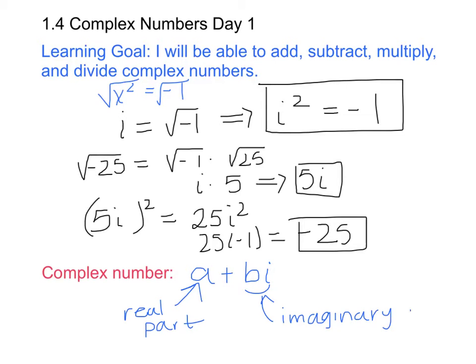So a complex number is made up of a real part and an imaginary part. Now, if you just have i by itself, then that's called a pure imaginary number. So what we're going to do is learn how to add, subtract, multiply, and divide complex numbers.